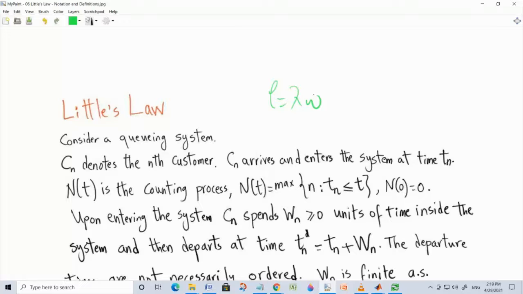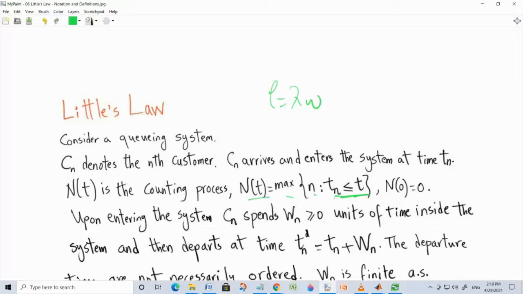Those are ordered, in the sense that the second customer arrives after the first. You rank them based on whoever arrives first. And the arrivals are a counting process, something like a Poisson process or a renewal process, so N(t) is the maximum n such that the arrival time Tn is less than or equal to t. Arrival happens before or at t.